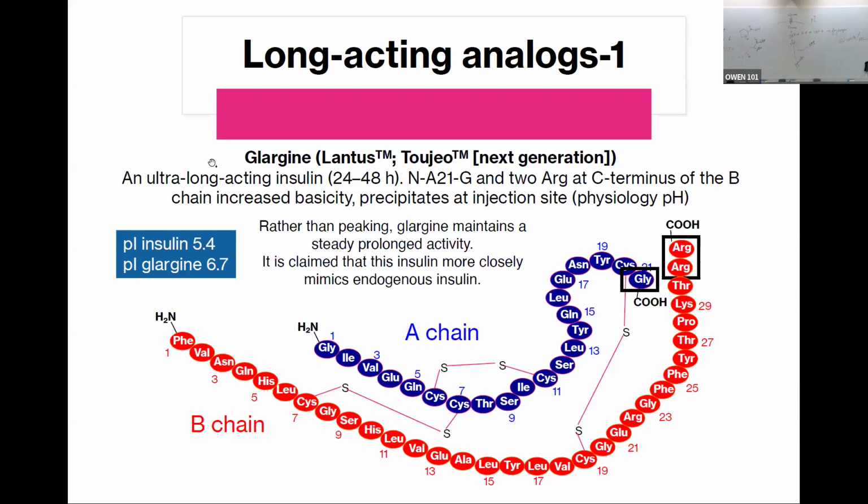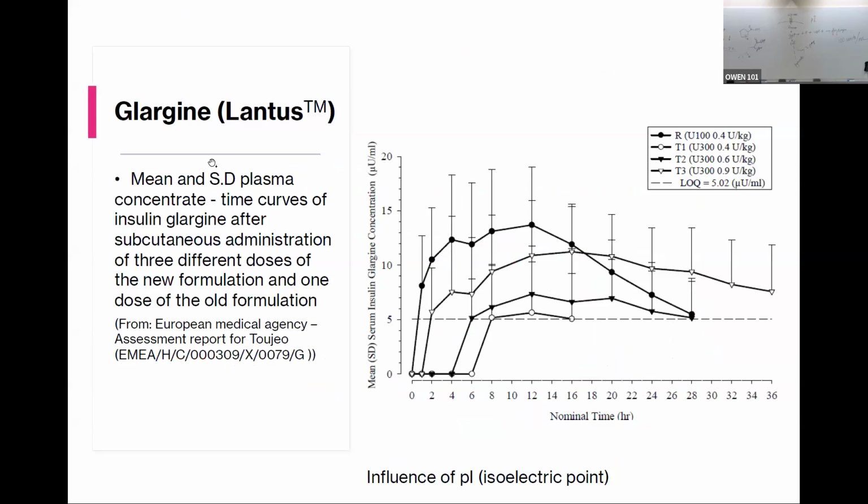So in this case, they just put two amino acid residues to change the pI, and suddenly these analogs will stay longer in the muscle, so that you get this long-acting activity. And even the company that produced this played around with the formulation, right?